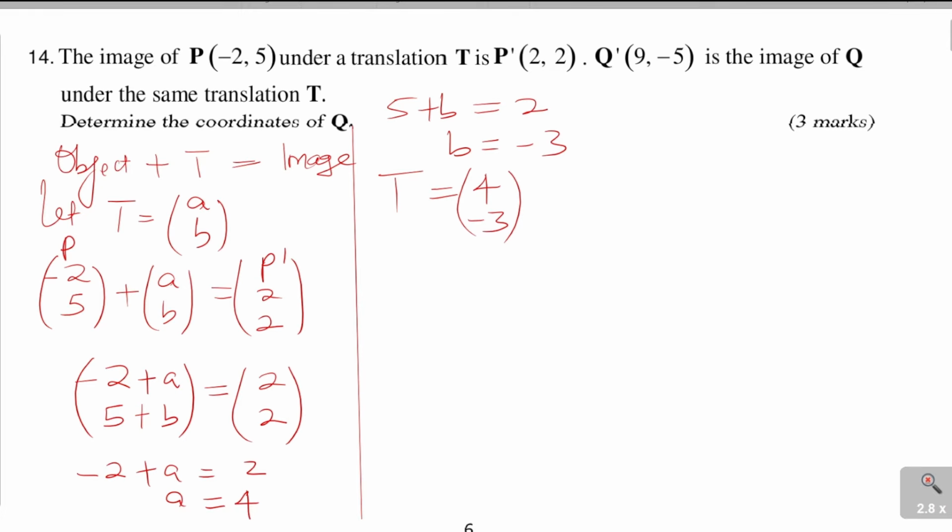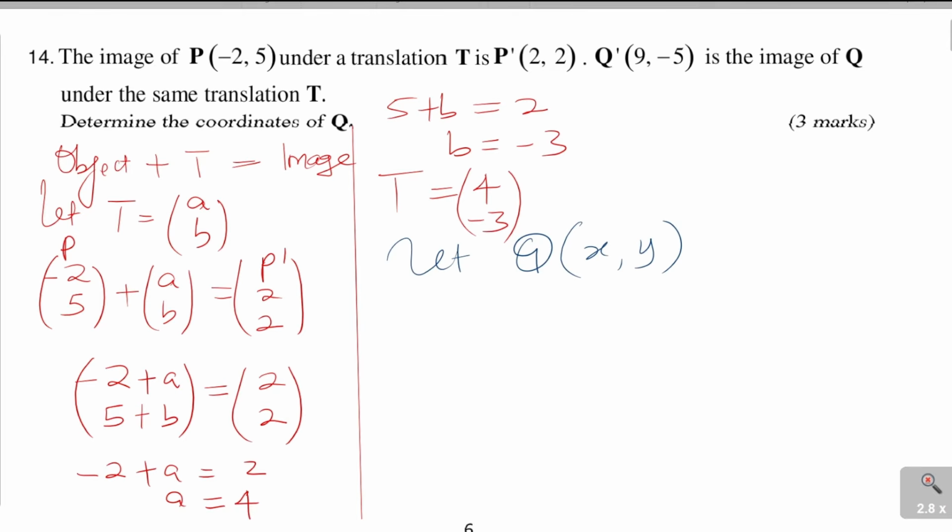Now, Q' is the image of Q under the same translation. Determine the coordinates of Q. Since we don't have the coordinates of Q, we can let the coordinates of Q be given by (x, y). That is the object.